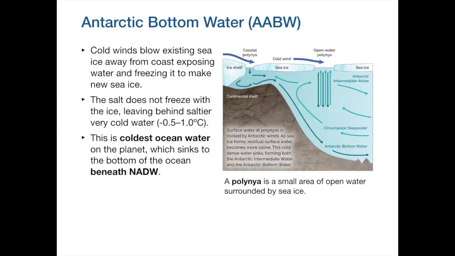And so as it sits there on the shelf, it gets colder and colder because it's saltier. It can get below 0 degrees because it's salt water. And so once it's very cold, then it can flow down the slope. And then you get this very cold, salty water that flows along the bottom, and the North Atlantic deep water is not as dense, so it flows above that.